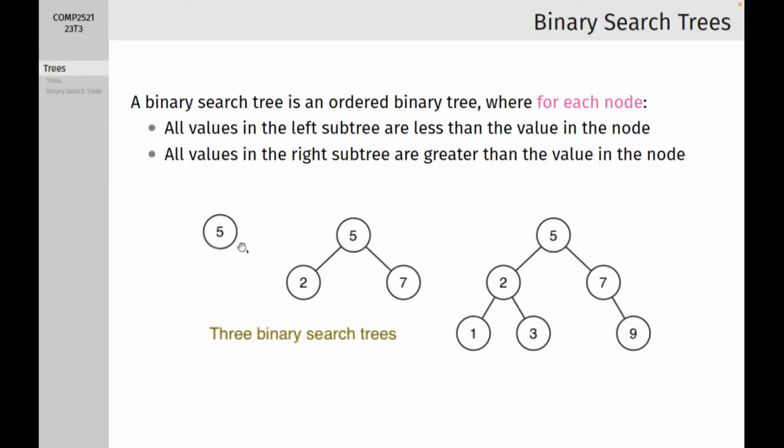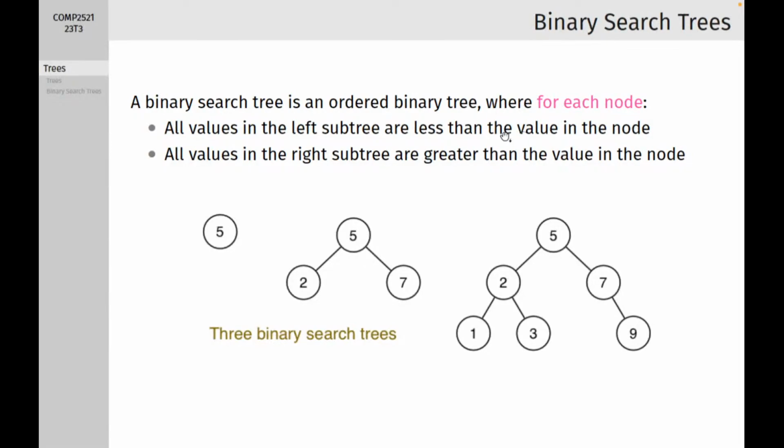For example, we have 3 binary search trees here. This tree with only 1 node is obviously a binary search tree, because it's just a single node. It doesn't have any subtrees, so this condition is true by default.